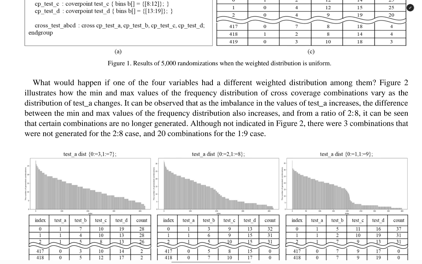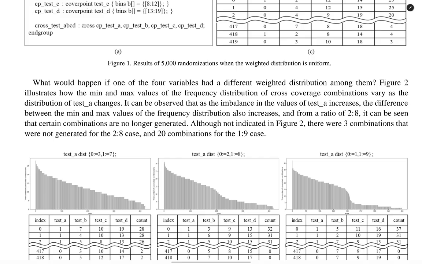It can be observed that as the imbalance in the values of test_A increases, the difference between the mean and max values of the frequency distribution also increases, and from a ratio of 2 versus 8, it can be seen that certain combinations are no longer generated.